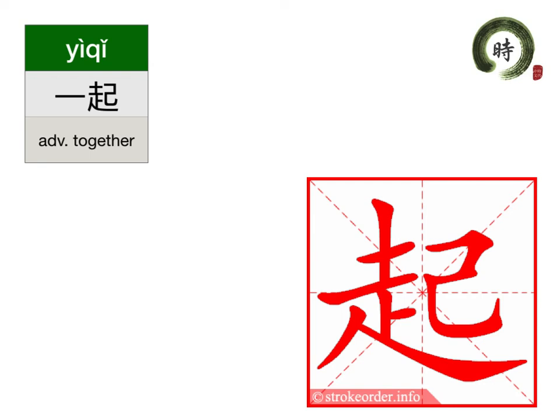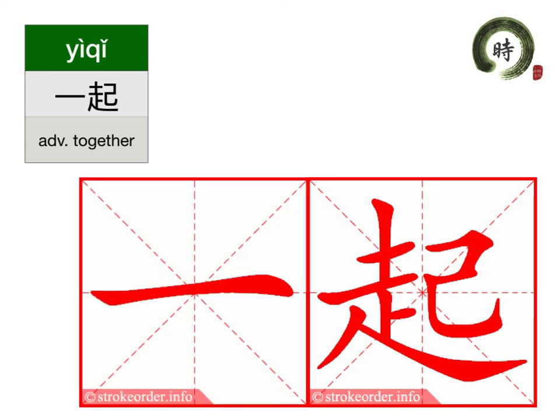好的，接下来我们来看一起。So before we've already learned 起 and when we add 一 before 起 we have 一起。一起 means together.